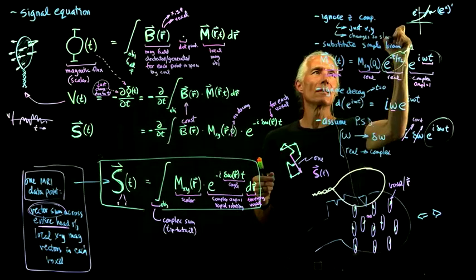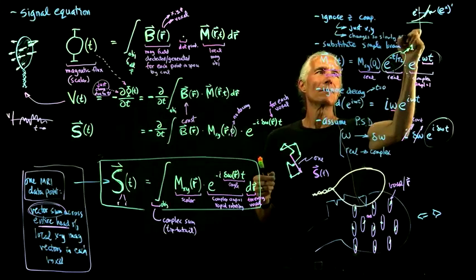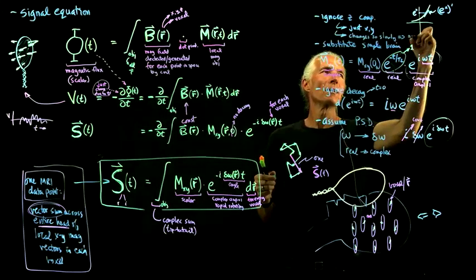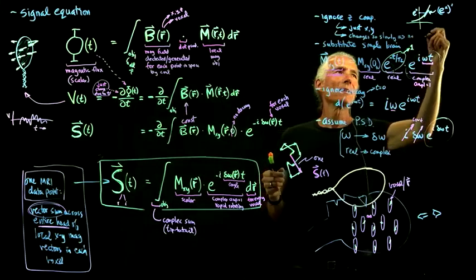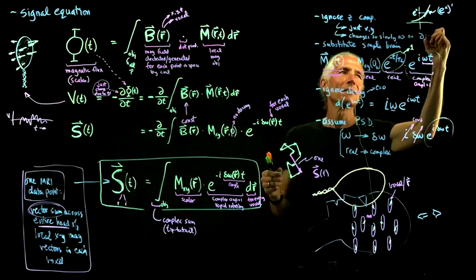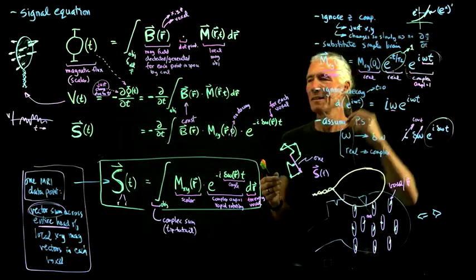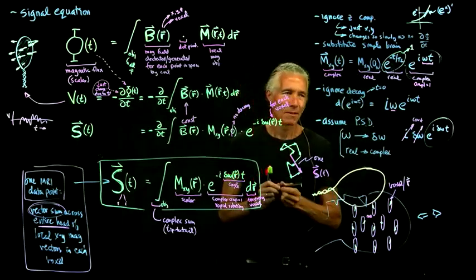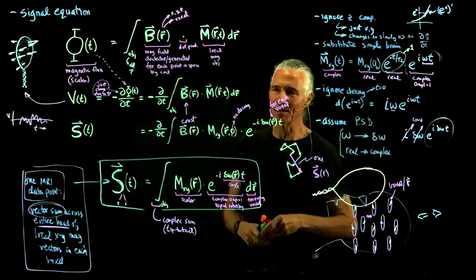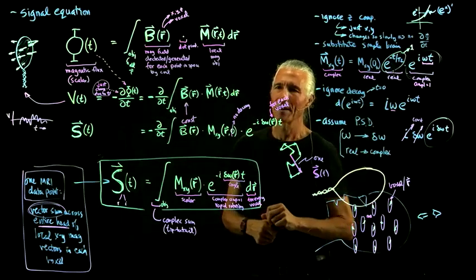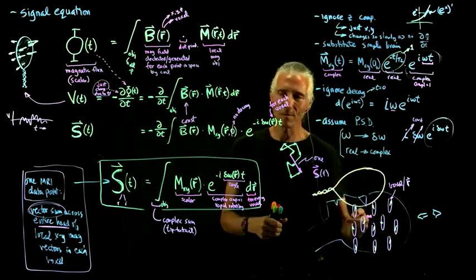And the result is no change in the flux due to this guy, or the change in the flux is so tiny that you can just throw it out. So that's the reason we ignore the Z component.